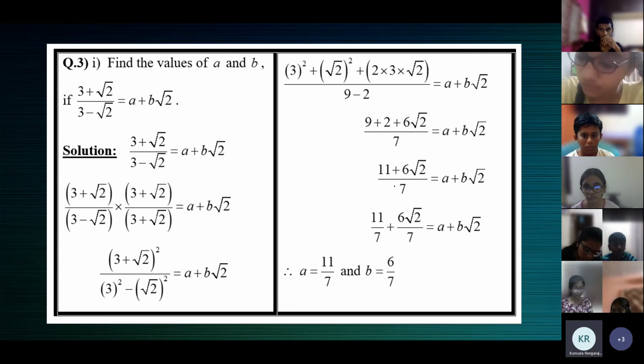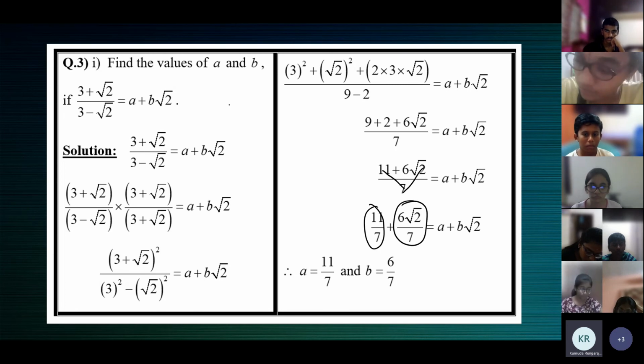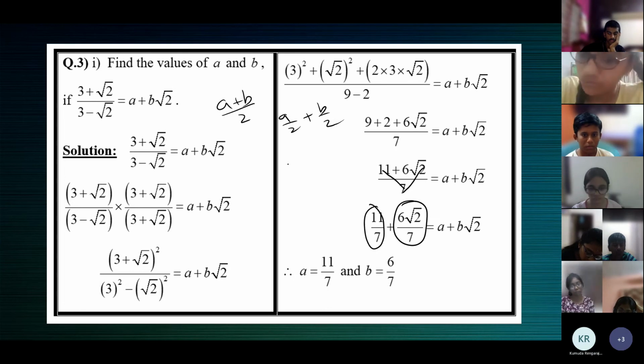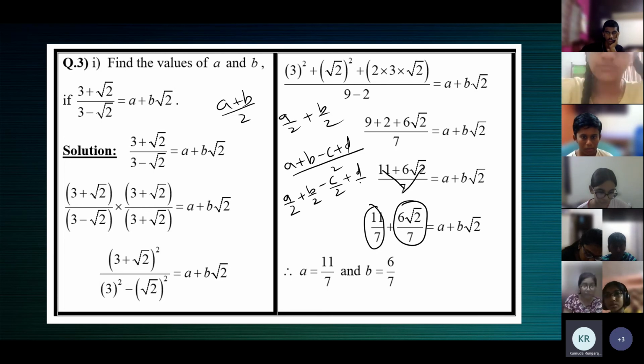Since you have the denominator 7, write it as 11/7 + 6√2/7. You know all this: (a + b)/c is a/c + b/c, or if you have (a + b − c + d)/e, it's nothing but a/e + b/e − c/e + d/e.